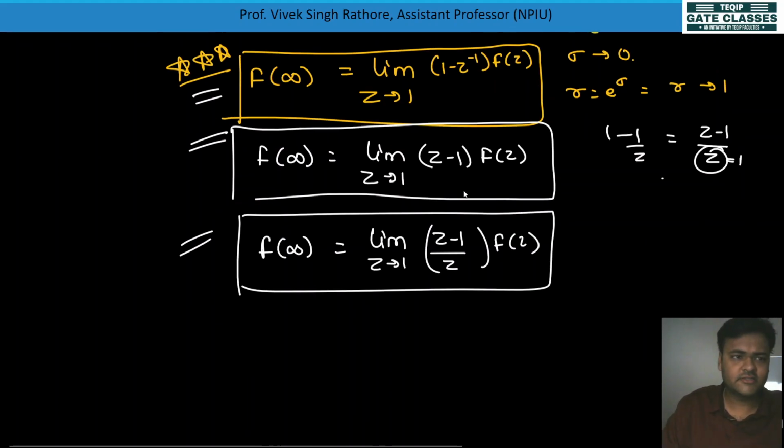The final value theorem condition is that, in the Laplace transform, the poles of F(s) should be in the left hand side.